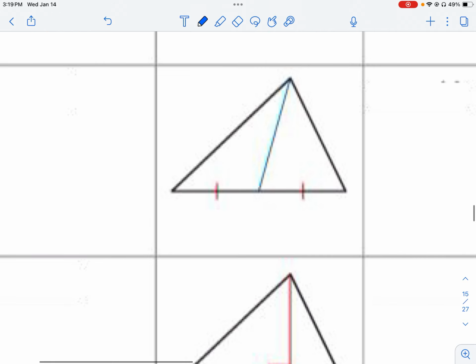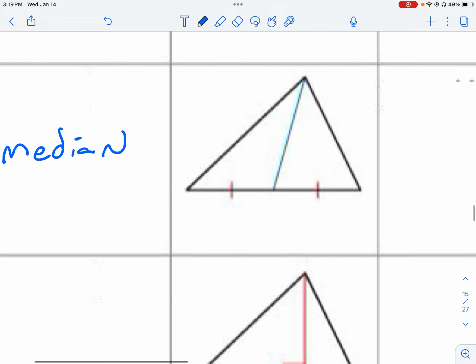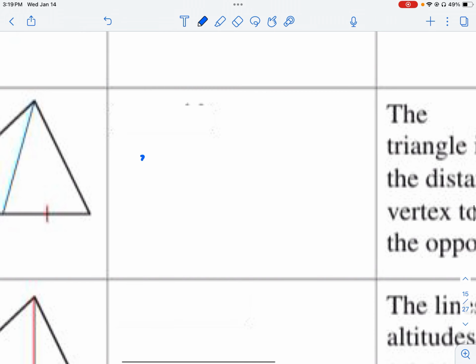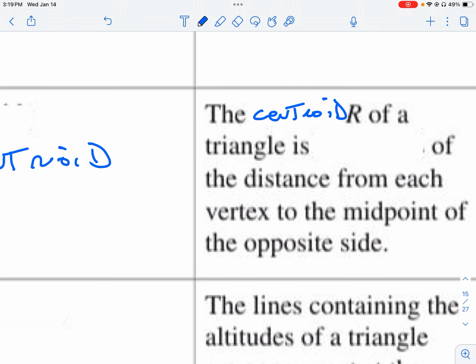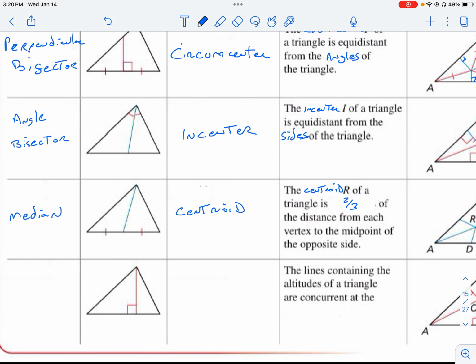Here, we're going from a vertex to the midpoint of the opposite side. That makes it a median. Medians are concurrent at the centroid. And the superpower of the centroid is it is 2/3 of the distance from the vertex to the midpoint.